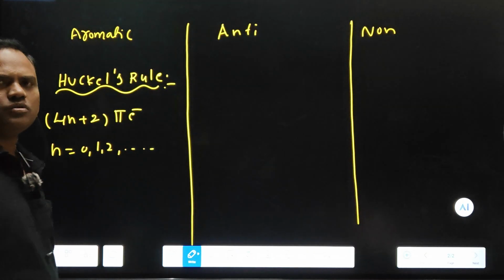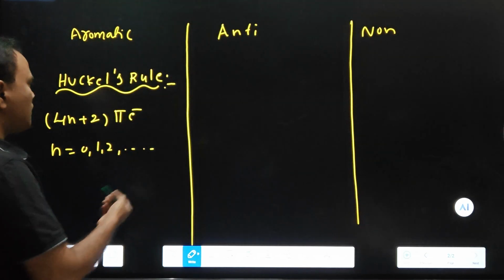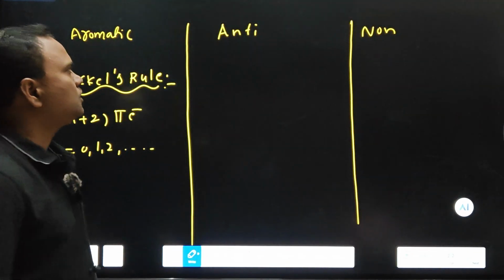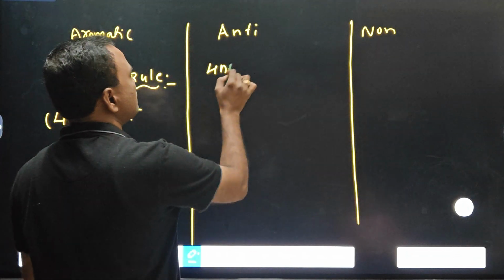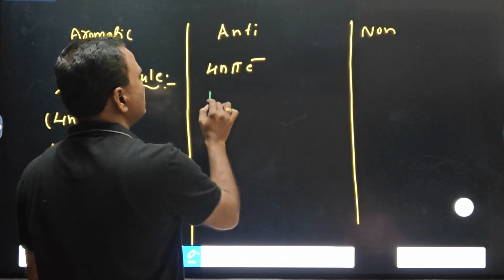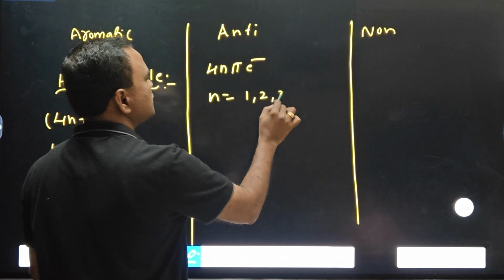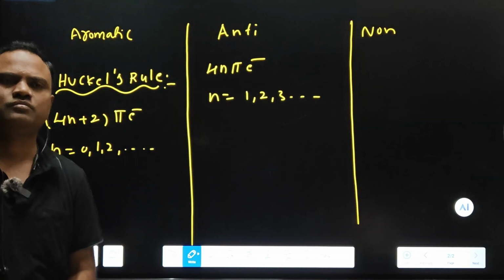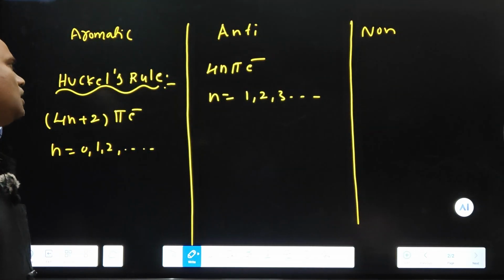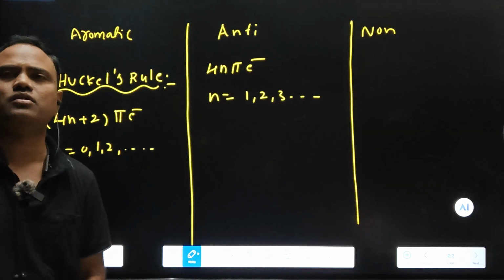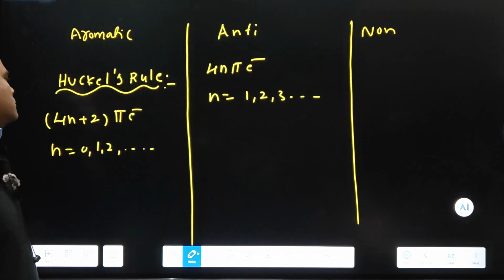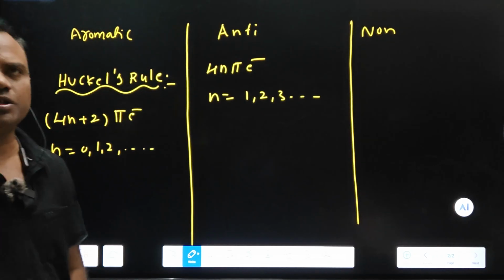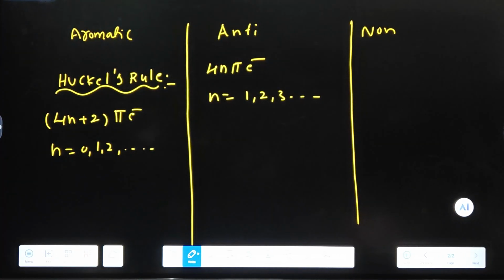I'll tell you how we can find aromatic and anti-aromatic. For anti-aromatic, the 4n pi electron rule, where n is equal to 1, 2, 3 and so on. For aromatic, Huckel's rule, where n is equal to 0, 1, 2, 3 and so on. Okay? Online students?